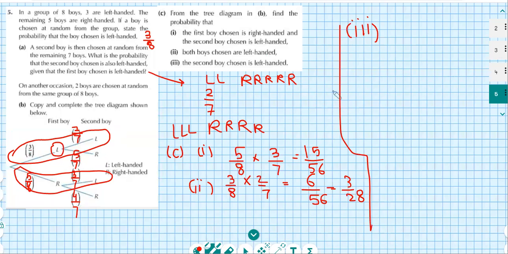So we will add the individual probabilities of each branch. 3 over 8 multiplied by 2 by 7 for the first branch, plus for the second one, 5 by 8 multiplied by 3 by 7.